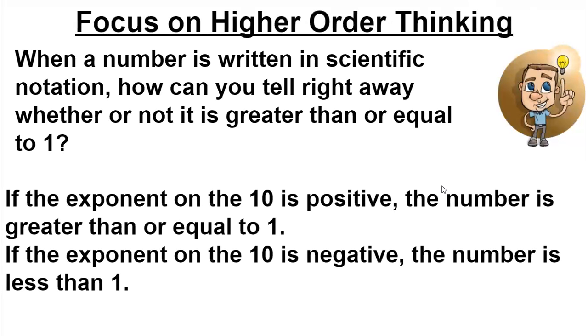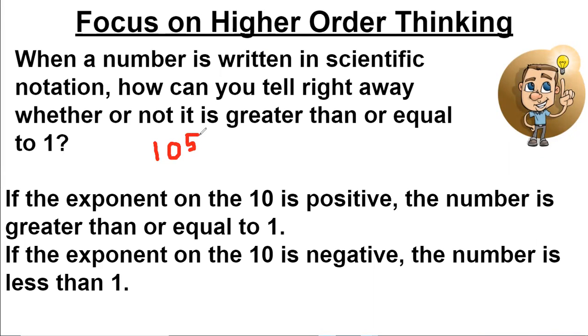If the exponent on the 10 is positive, the number is greater than or equal to 1. If the exponent on the 10 is negative, the number is less than 1. That's how you can tell. So if I had 10 to the 5th power, that's a positive number, right?